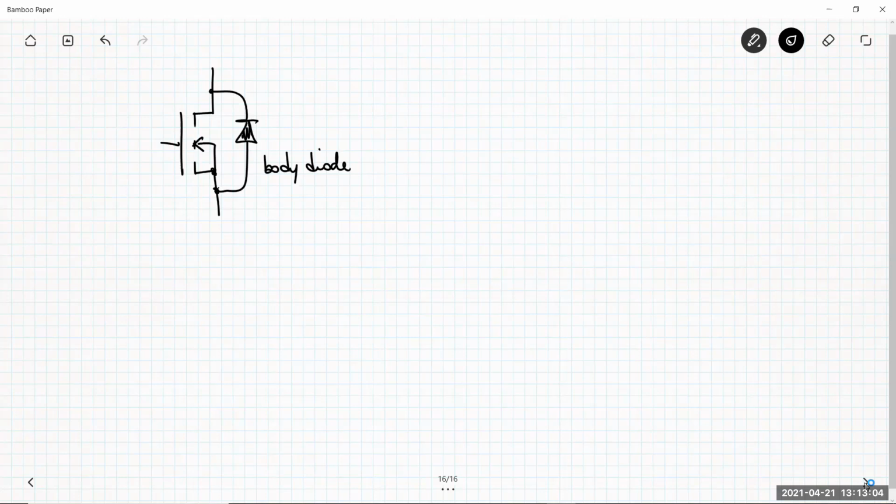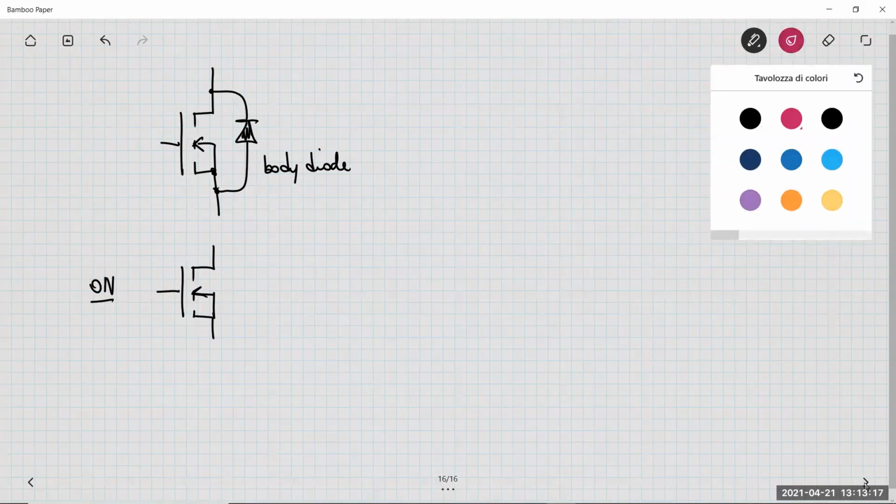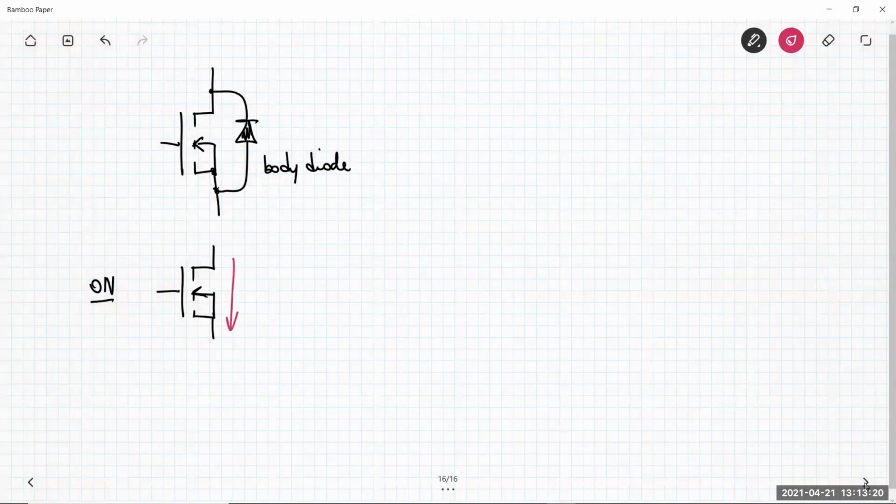There is another difference: when the MOSFET is on, it can have a current flow in this direction, drain to source, or it can have a current flowing this way, because when a channel is formed in the semiconductor substrate, this channel can be the path for current in both directions.